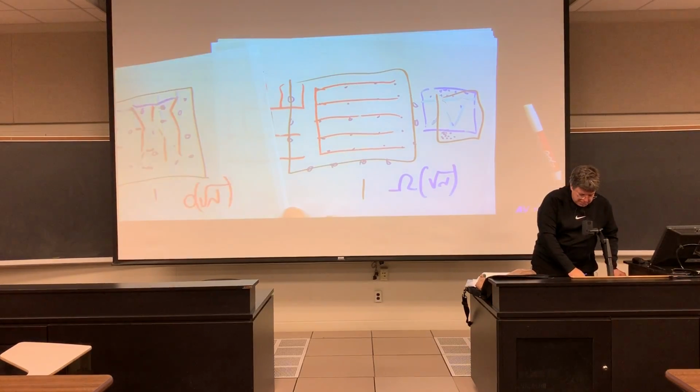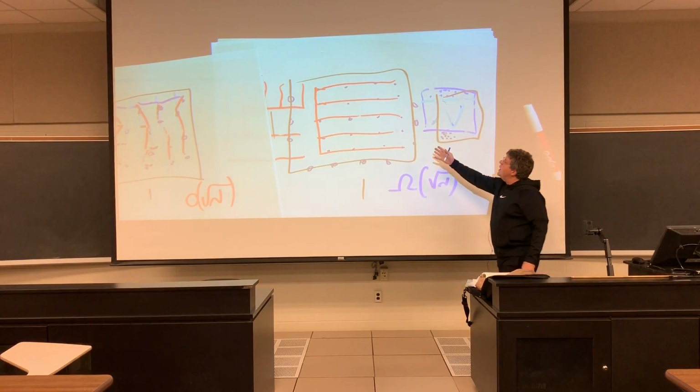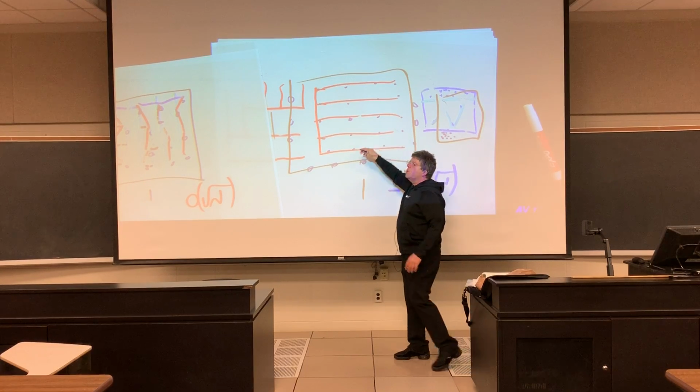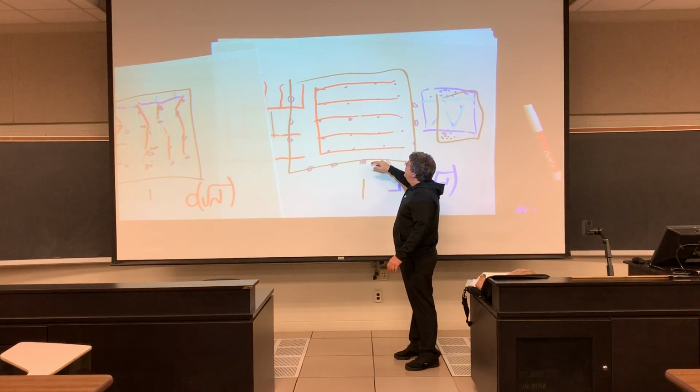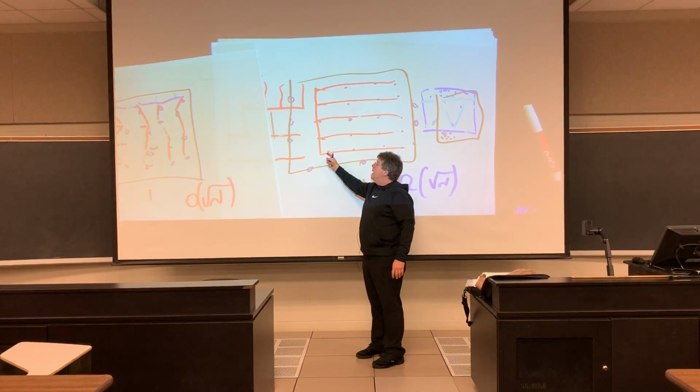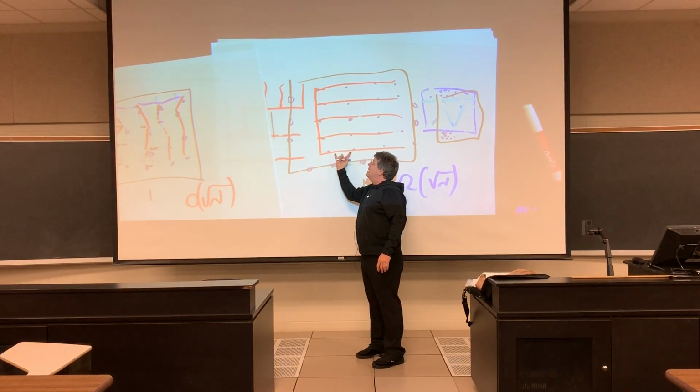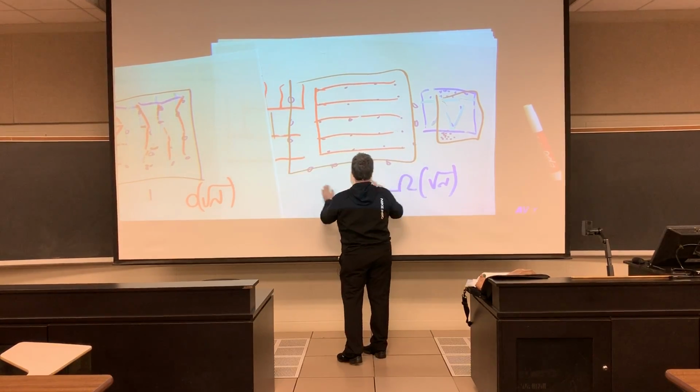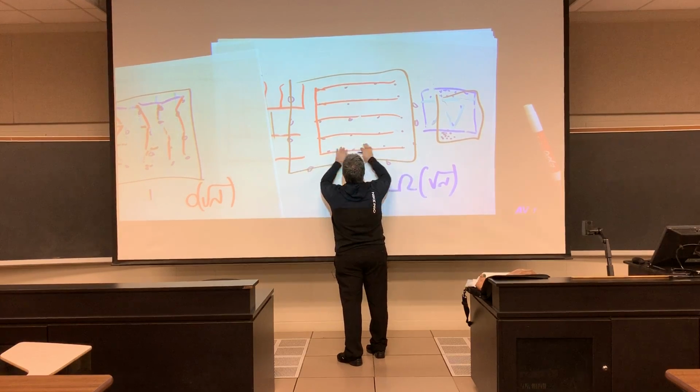So let's be even more explicit. Why does this take square root of n if all the points are placed this way, evenly spaced? Each point has to connect to at least one other point. And the nearest neighbor is already this distance. How big is this distance, by the way? 1 over square root of n. Right? The square root of n, the distance of 1, this whole thing, is square root of n across.